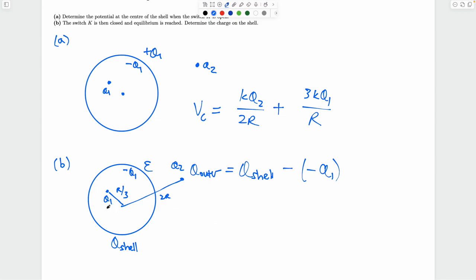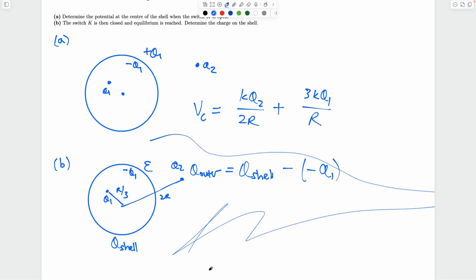Note that Q1 and negative Q1 don't create any potential difference between infinity and the sphere. The reason is because the field is zero due to these two only. So if only Q1 and negative Q1 on the inner surface existed, there will be no field everywhere else.